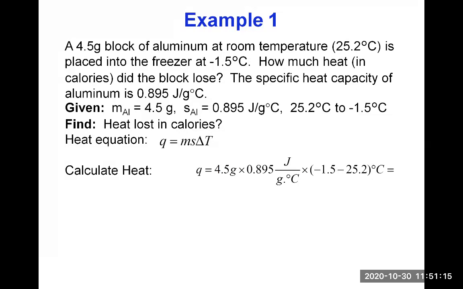So notice how here we have a subtraction to do before we do the multiplications. And notice how the units of grams and of degrees cancel, and we're left with joules. So the heat will be calculated in joules. So the intermediate answer for the subtraction is 26.7 degrees Celsius.